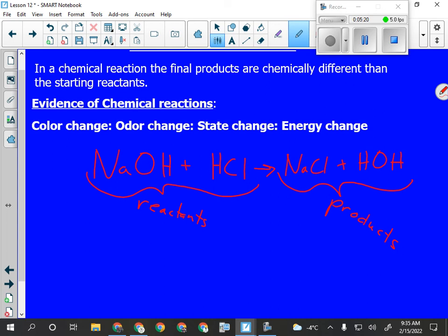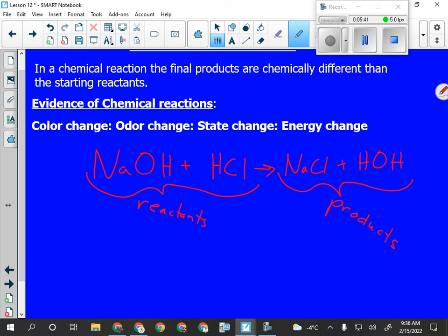All right, the signs of a chemical change: color change, odor change. Bubbling and fizzing often goes along with odor change. If you get an odor, what's been produced? A gas, yeah. So if you get bubbling and fizzing or an odor, that means that a gas has been produced by that chemical reaction.